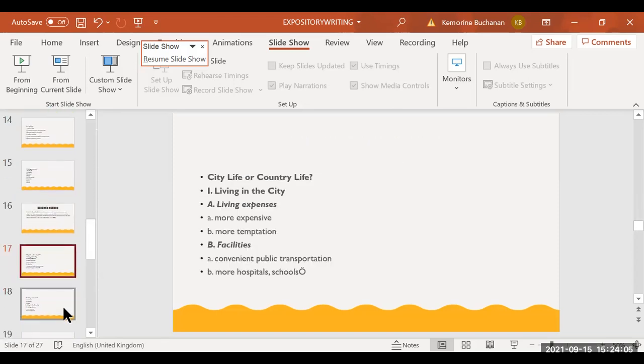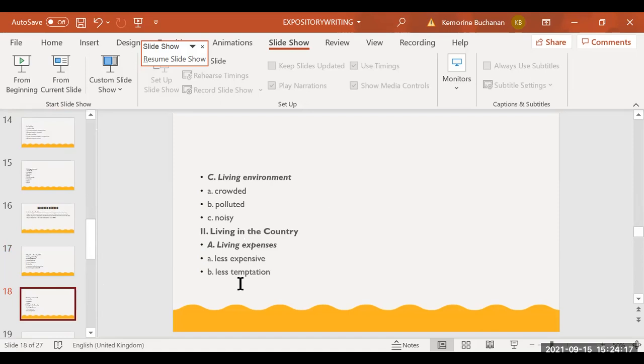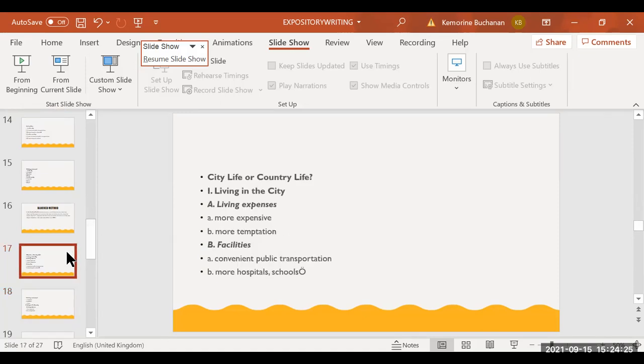Whereby in the blocked method, we're looking at the city and we're going to look at all the factors that are present in, or examples of what it is like in the city. And then after we've looked at that, we're also looking at it in the country. So the same living environments, the same expenses, the same facilities are discussed in a block.